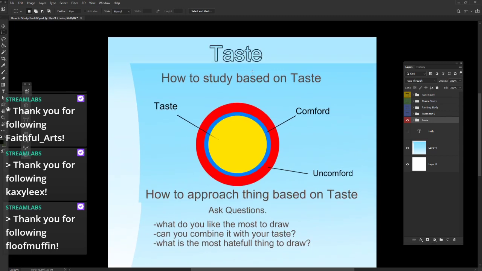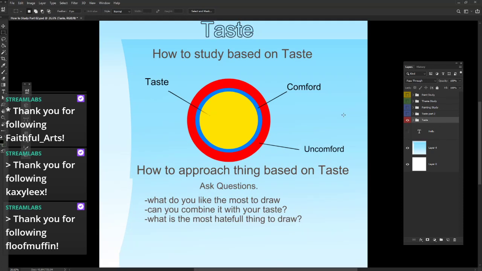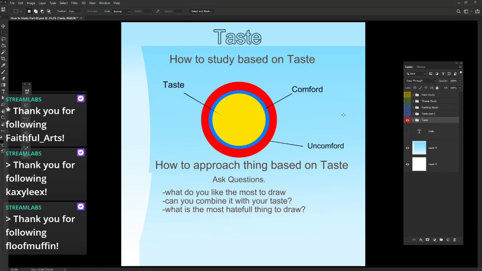So taste makes a really big impact in terms of how to study and how to improve yourself. Because what would you like much more? But before I go much deeper into what kinds of video games and so on, I'm going to explain the whole taste thing, how to study based on taste.